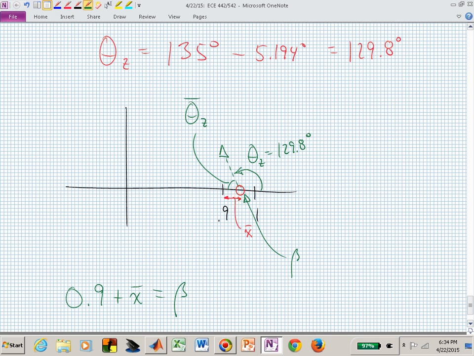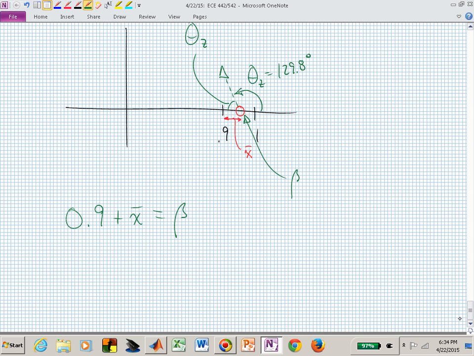I'm trying to find beta. And given what I now know, I can actually solve for x bar from trigonometry with right triangles. Is that clear? I know the vertical distance, that's 0.1. I don't know x bar, but I know theta sub z bar. That's the supplementary angle of 130 degrees.